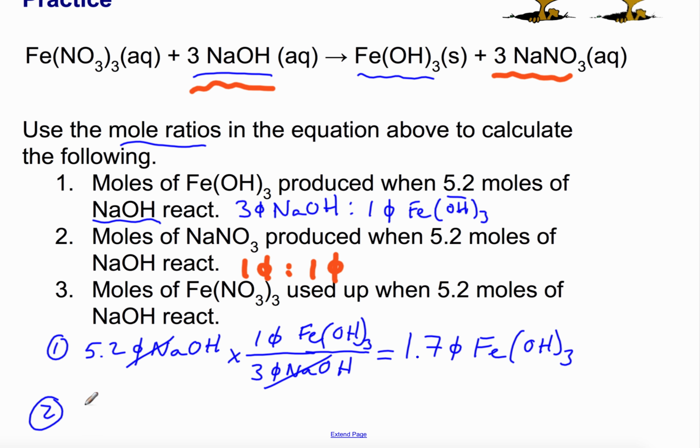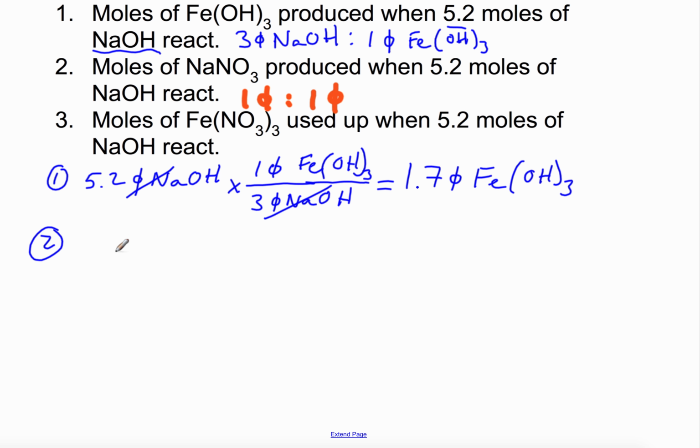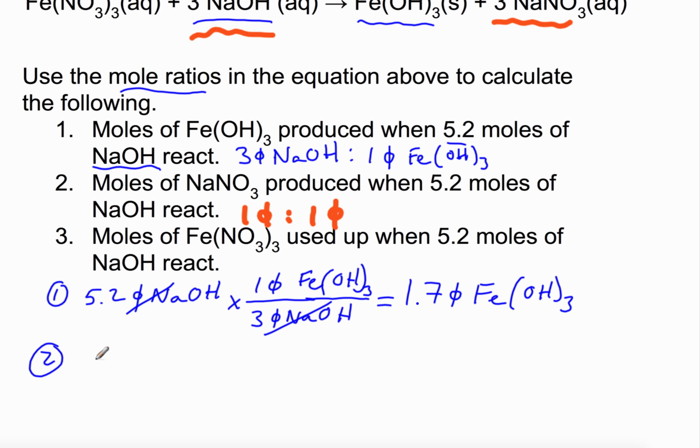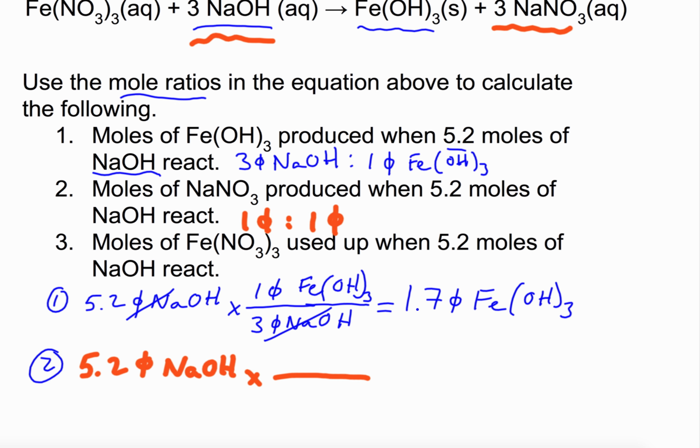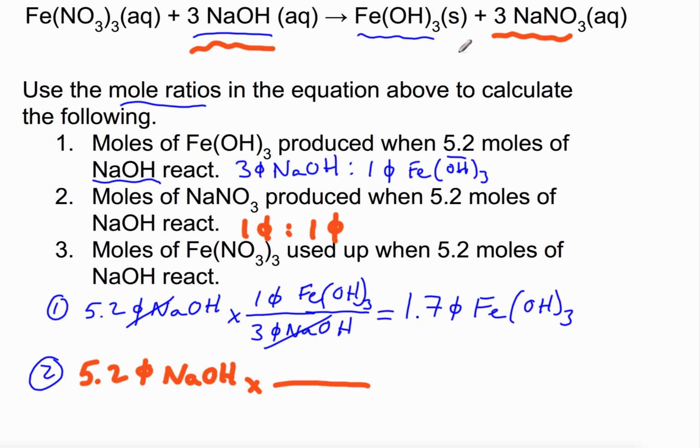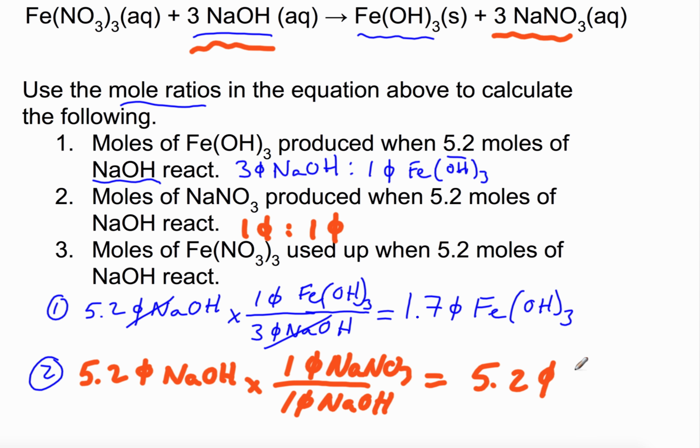If I write it out, it's kind of a lot of work for this problem, but I have 5.2 moles of NaOH, and my mole ratio is 1 mole NaOH to 1 mole NaNO3. I'd end up with 5.2 moles of NaNO3 because the NaOH would cancel out.